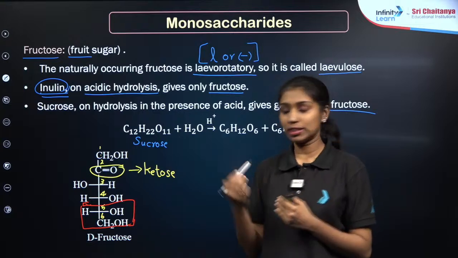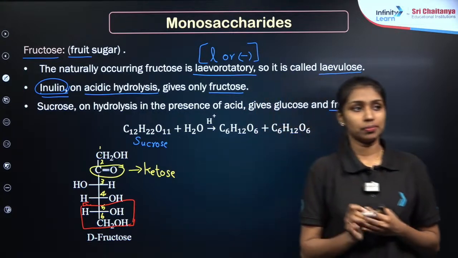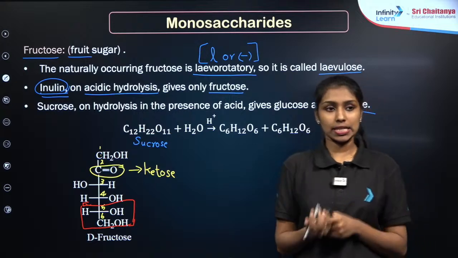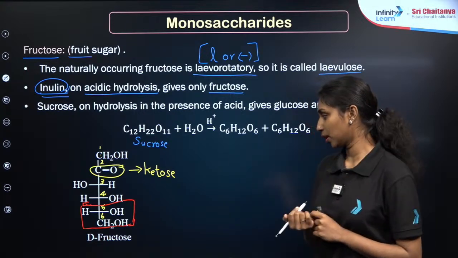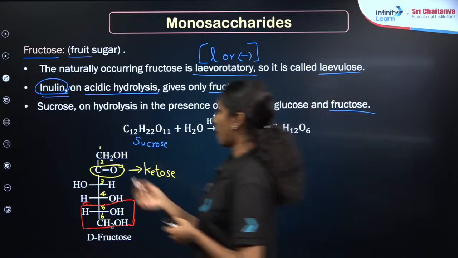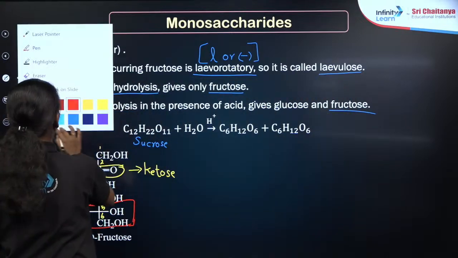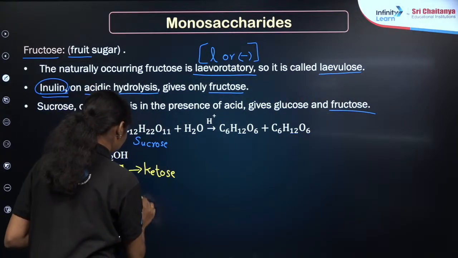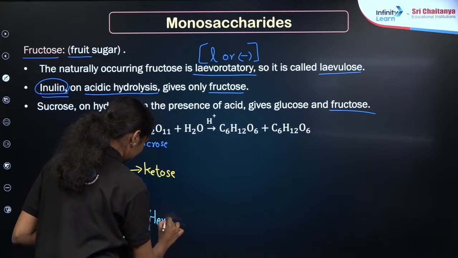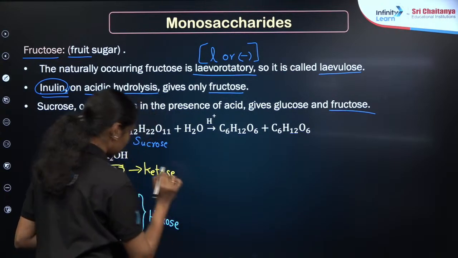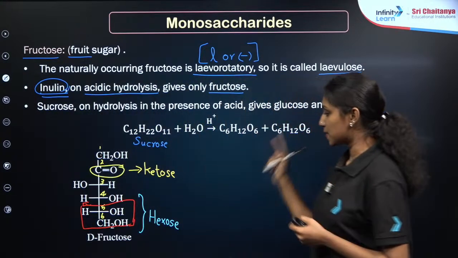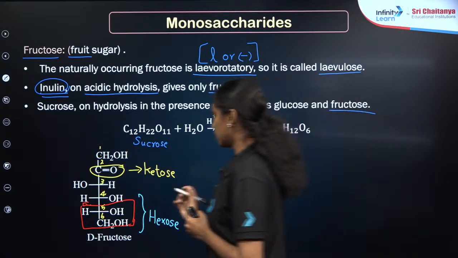What will be the name of this particular compound? Based on the number of carbon atoms, we have given some names, right? Hexose, pentose, heptose. It is again a hexose because of the presence of 6 carbon atoms.